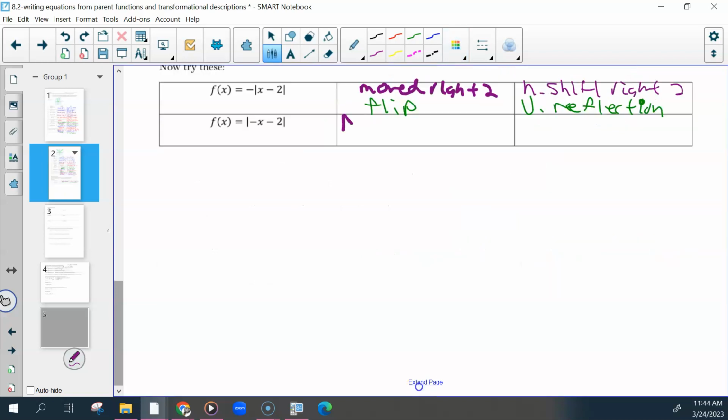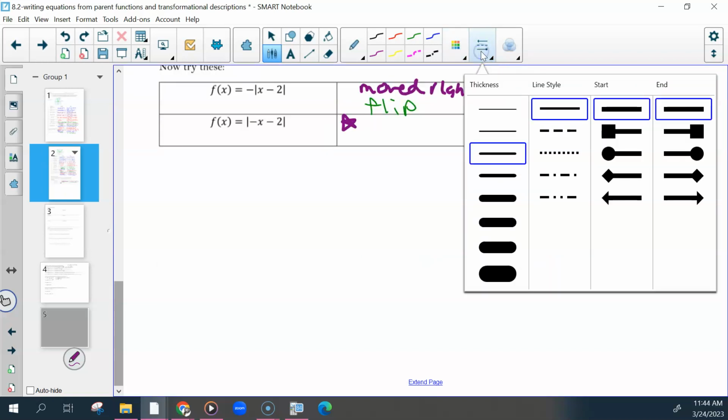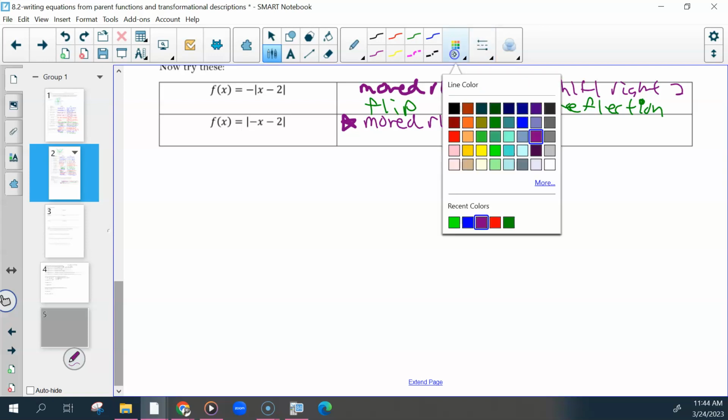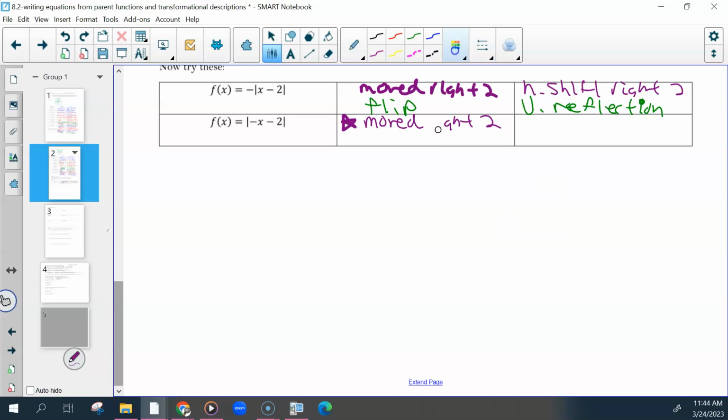So this one with the star is the one it looked like, but not what it actually did. Left is what that was supposed to be, not right. Is it actually? But it did actually move to the right too, and then have a horizontal reflection.